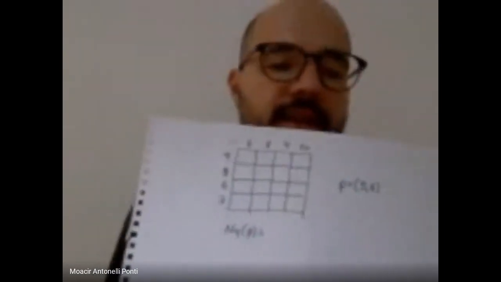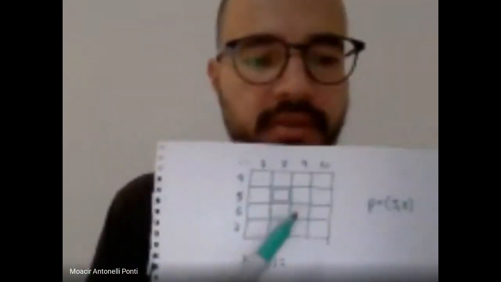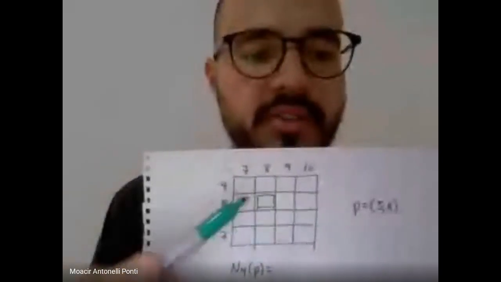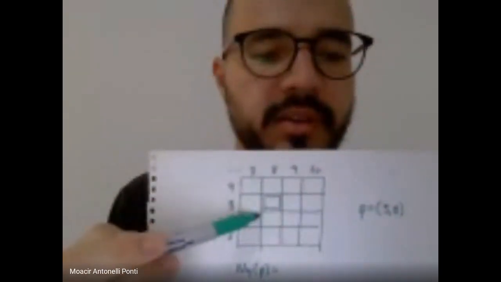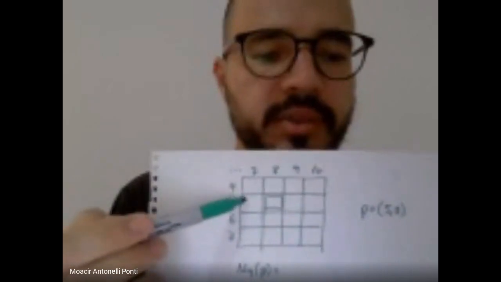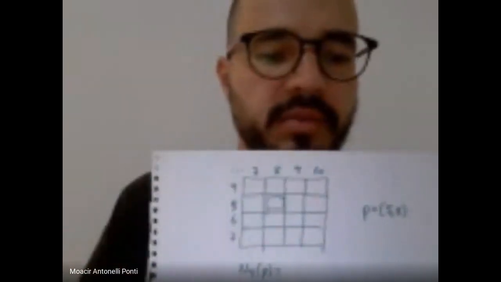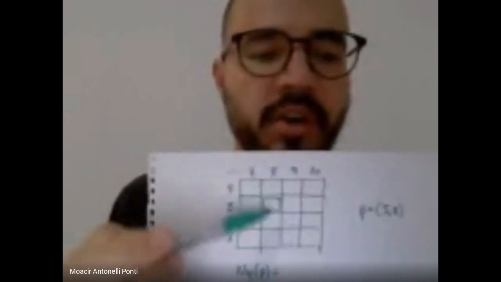Basically, I'm just highlighting here the pixel that I want. A 4 neighborhood would include this pixel here, this one here, and this one here as well. So it is a kind of cross neighborhood.